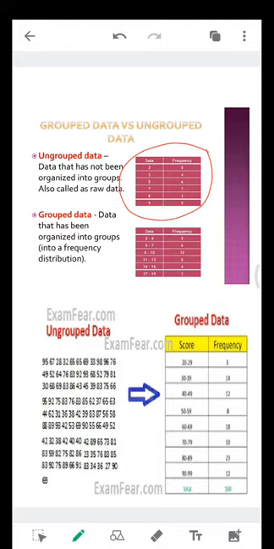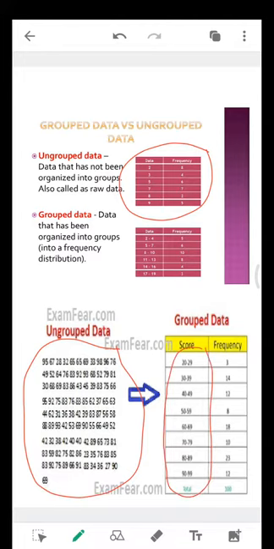So we arrange the data. For example, you can see here, you have done tally marks in ninth class. So we make different classes, tally marks and make a frequency distribution table. So this is ungrouped data and the data is grouped here.